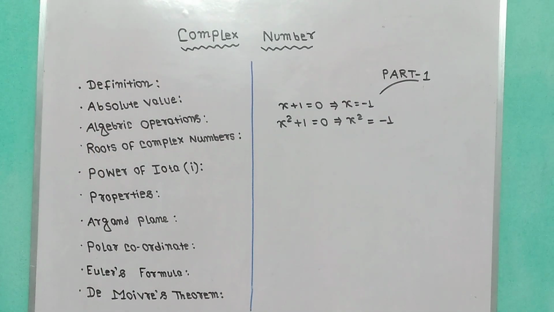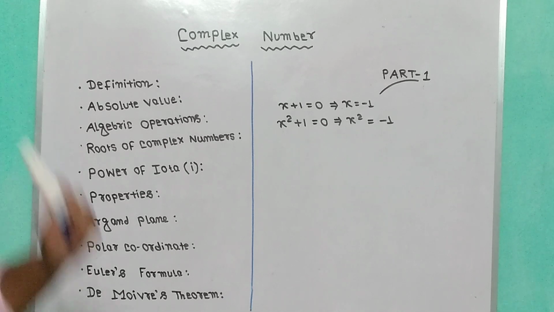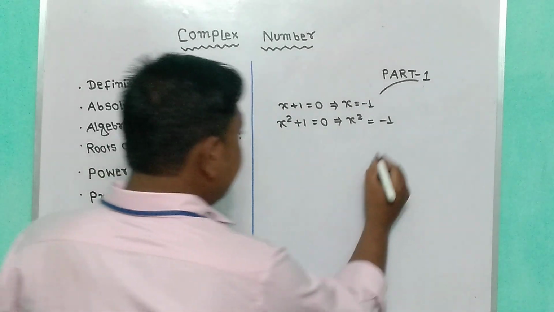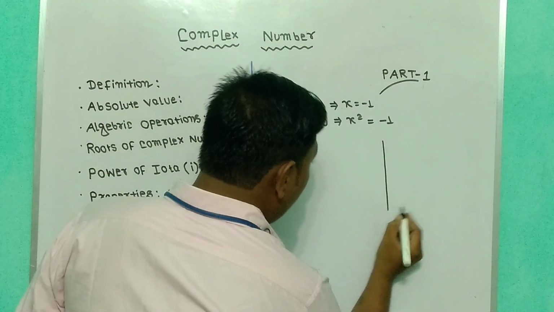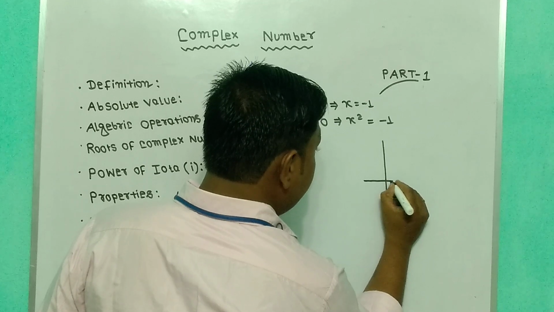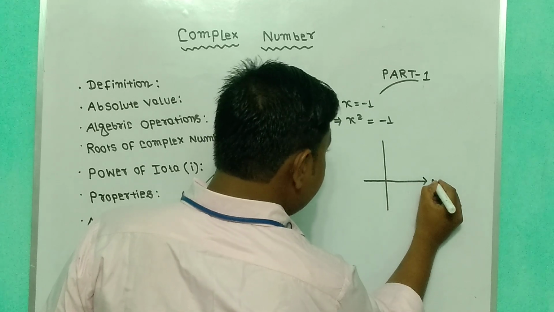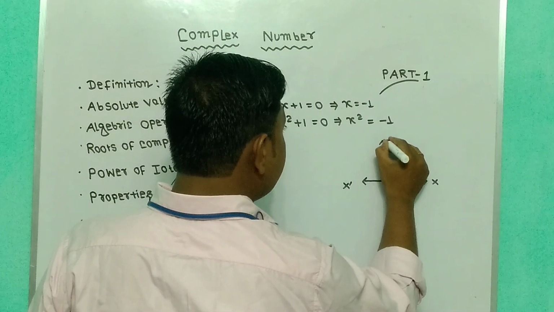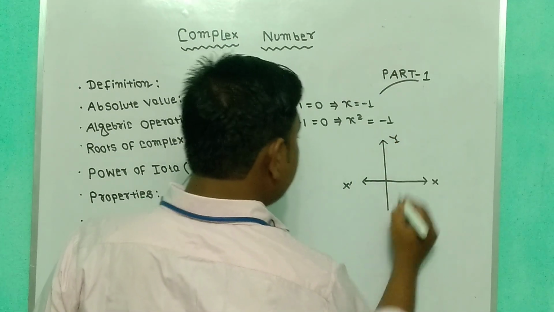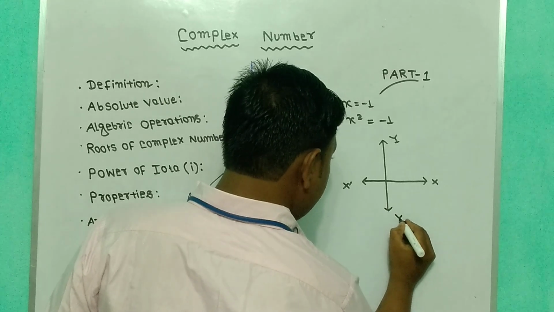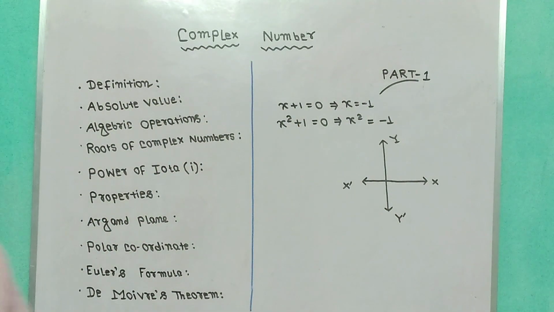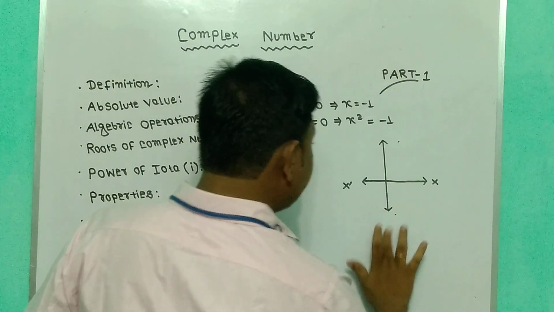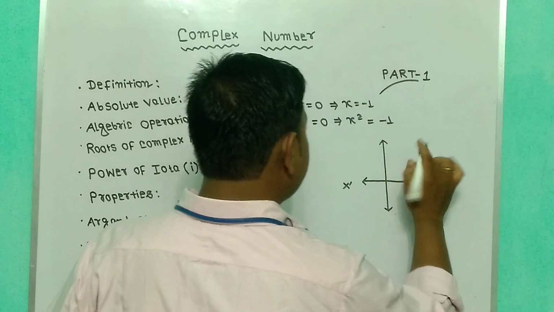So at first I am telling you what is the definition of complex number. So we all know one thing, that in 2D this is x-axis and this is y-axis. Clear? But here we have to write, instead of y-axis, this is imaginary axis.